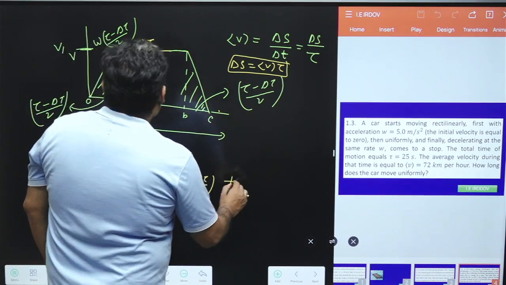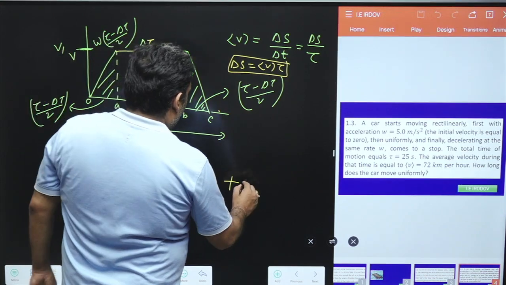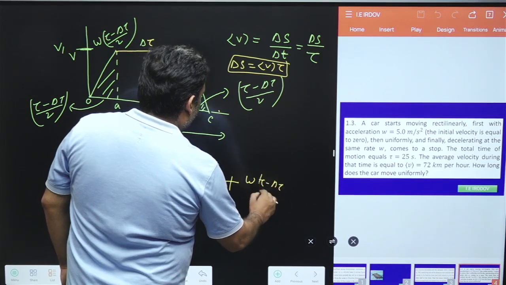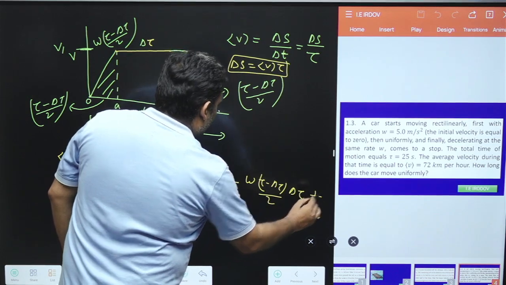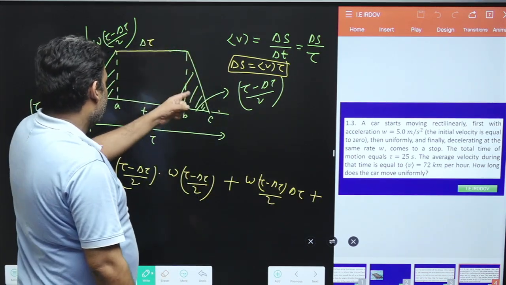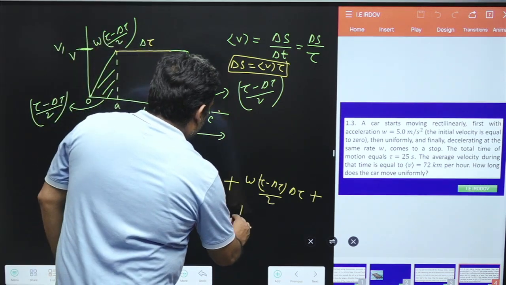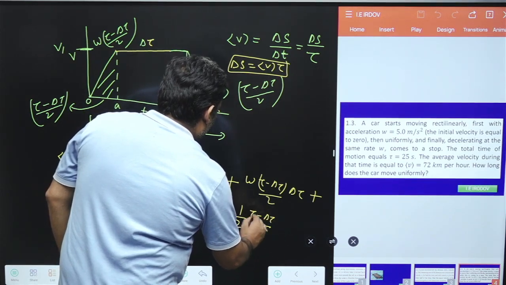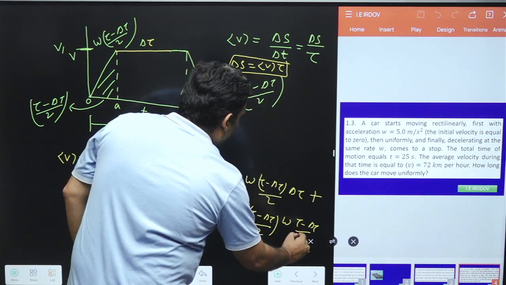And the second thing is this particular distance, and that is your velocity v1. So v1 is again w into tau minus delta t by 2 into delta t, plus again this distance, which is the same. So we can have half into tau minus delta t by 2 into w into tau minus delta t by 2.